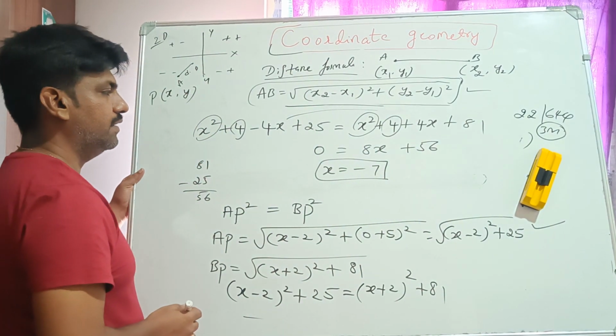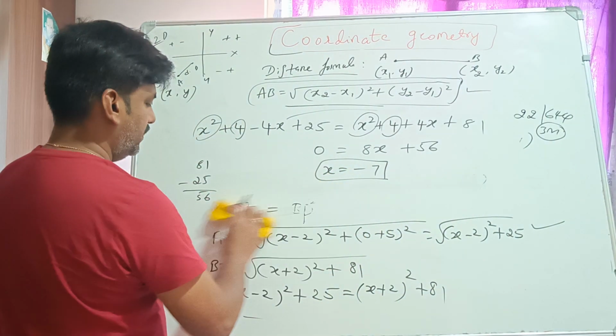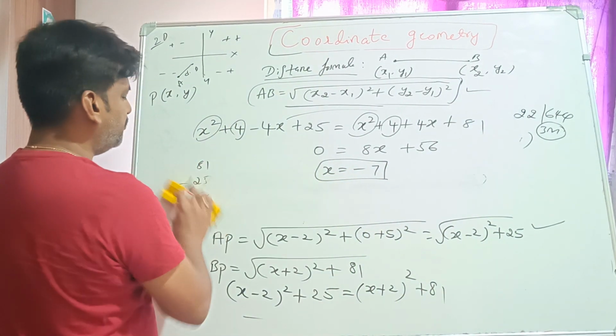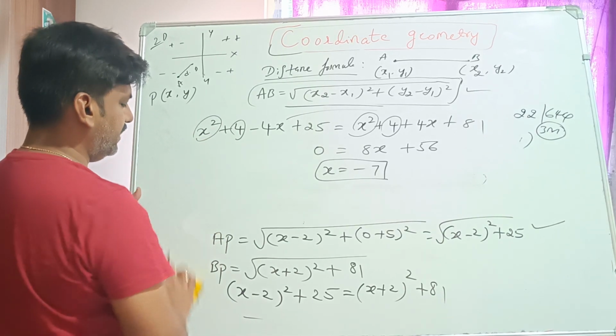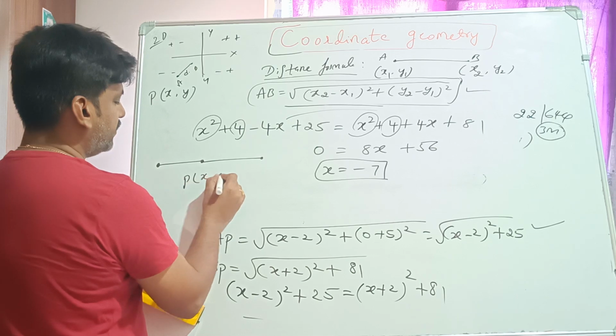Is it correct? Right. So once you got x value as minus 7, now substitute this x value. What exactly was our diagram? Our diagram is like this, P is (x, 0).